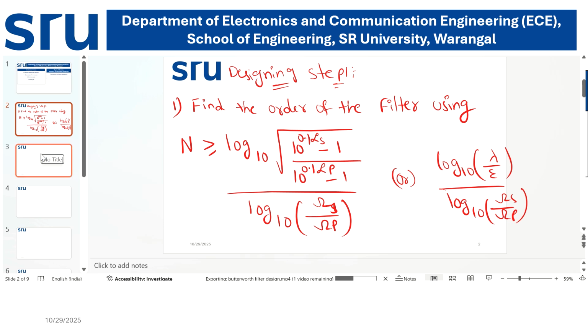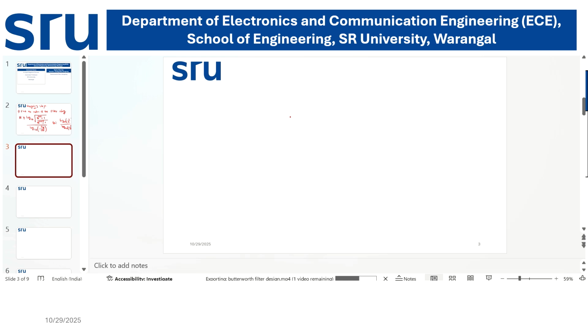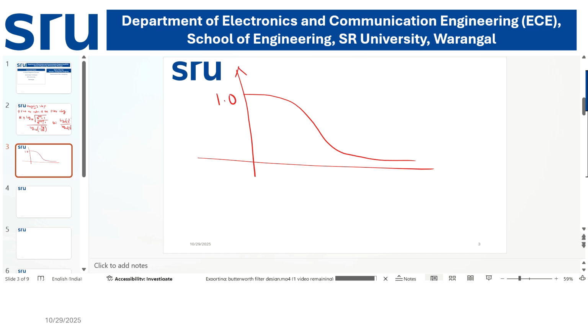Now, suppose the given characteristics are this frequency characteristics of the low pass filter. Suppose it is given as 1, the magnitude of H of omega, and this is omega. We have this as the passband attenuation, here the passband frequency, and here the stop band attenuation.